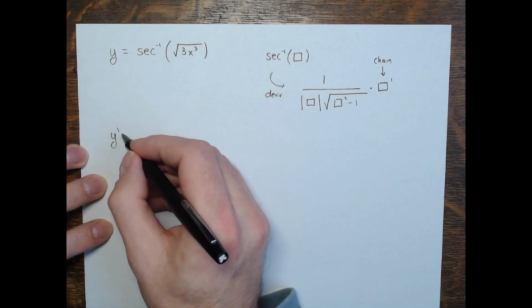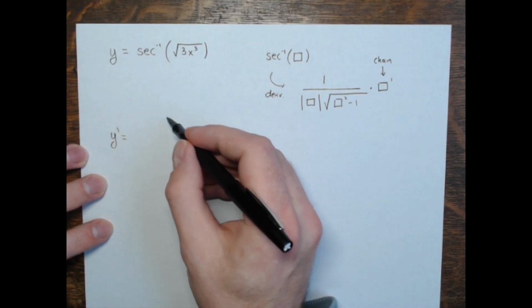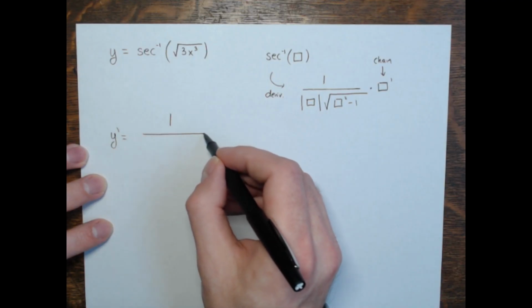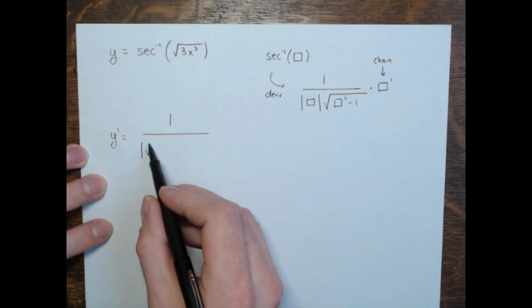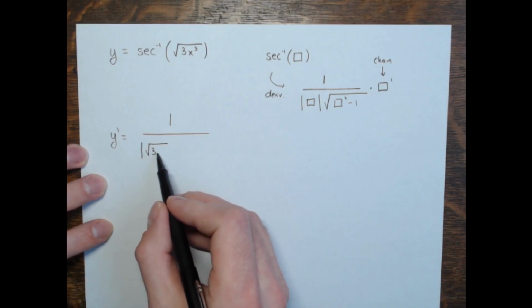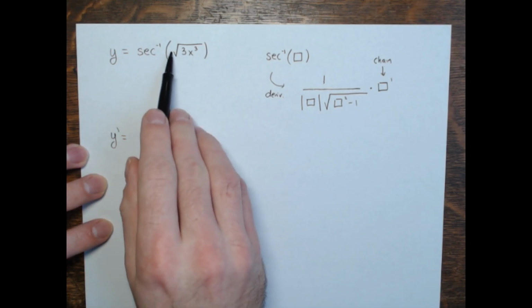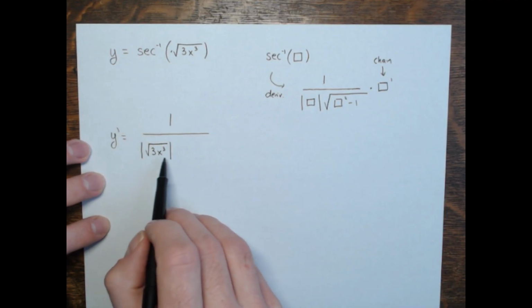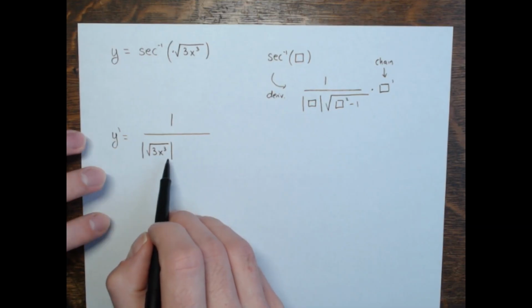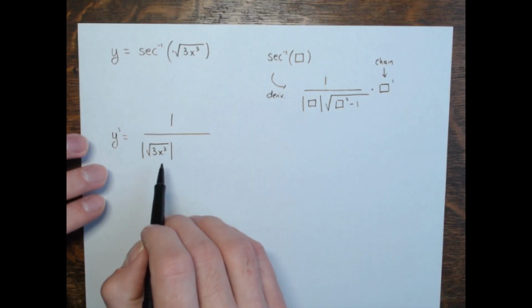So here, y prime, I've got the inverse secant of something. So it's going to be 1 over the absolute value of that thing. Now, because this is the positive square root, not the negative square root, you really don't need the absolute value here because it's already implied to be a positive quantity.